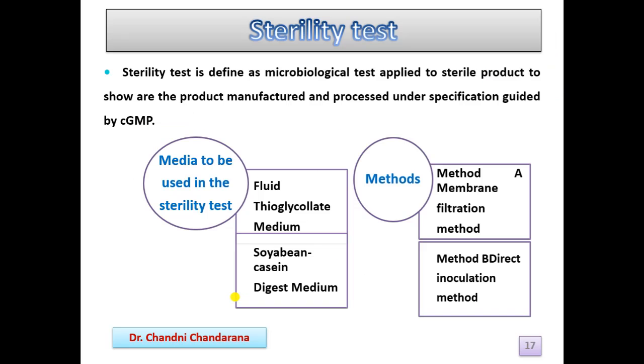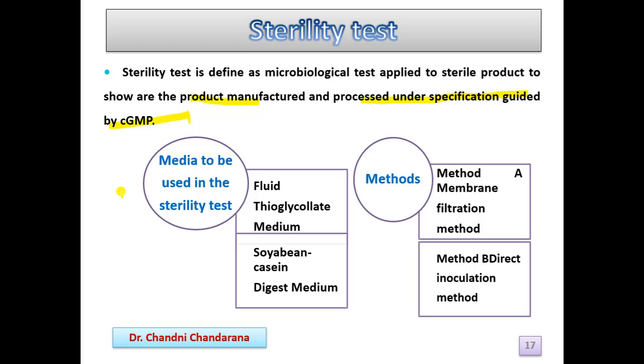Now we will see the sterility test. The sterility test is defined as a microbiological test that is applied to sterile products to show that our product is manufactured and processed under specification guided by CGMP. Now see what we have to use for the sterility test and what the methods are.